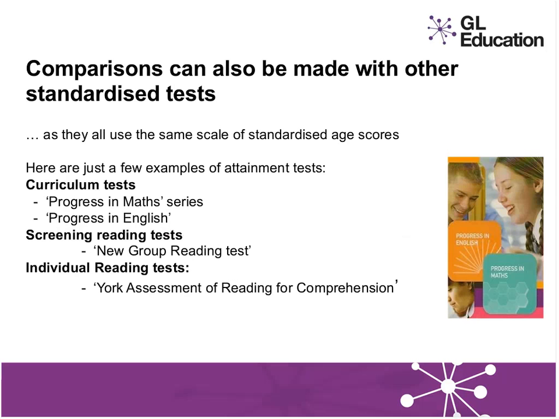As I've briefly mentioned as I've gone through, comparisons can also be made with other standardised tests. So CAT4 is particularly powerful when you're adopting that 360-degree approach of looking at ability and potential data alongside attainment data, alongside attitude data, so that you understand those three different components of a pupil.